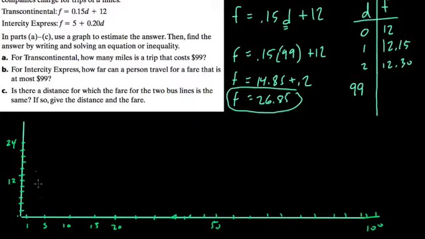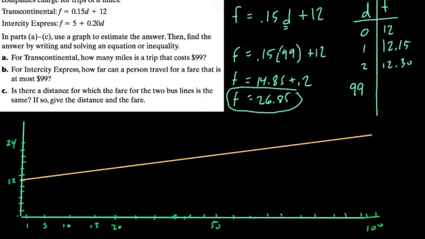I would normally label all the hash marks, especially if I had graph paper, but it's a little bit difficult here. Now when we're at 0, we're at 12, so that's our starting point. Then I can extend this line. You can see why that makes sense, because even at 5 miles, we still haven't passed $12 in cost.